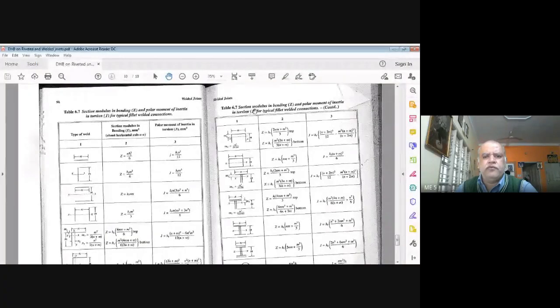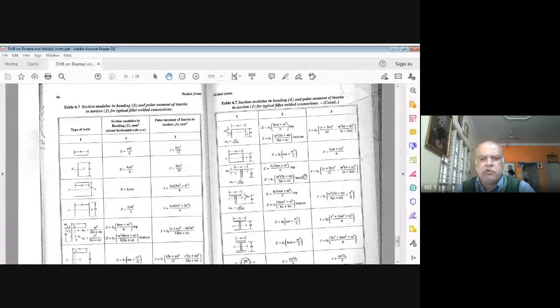Now, if you look at section modulus in bending, is the data handbook visible on the screen? Yes, sir.